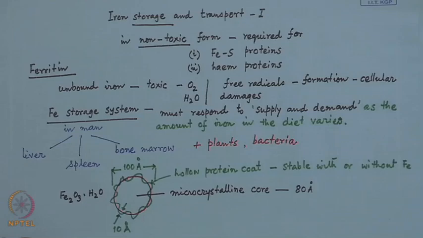So, in the biological system also the same process is followed, where from the basic ferric ion or the ferrous ion we get a core structure, which has a very similarity with that of your mineral.